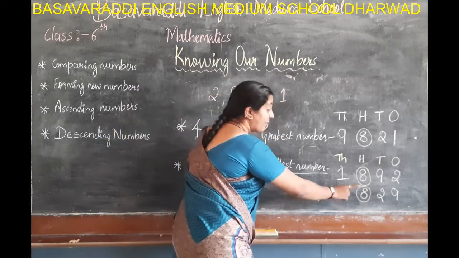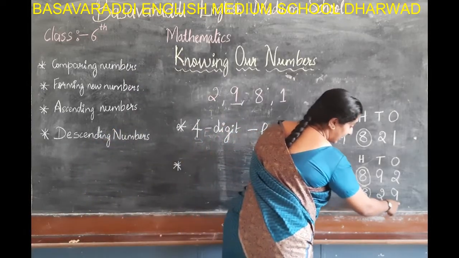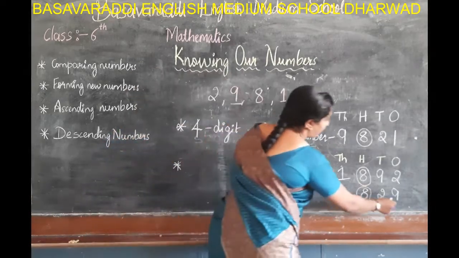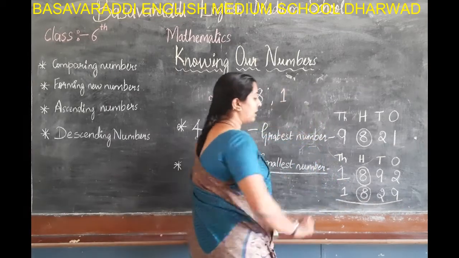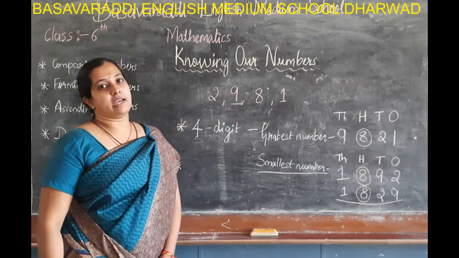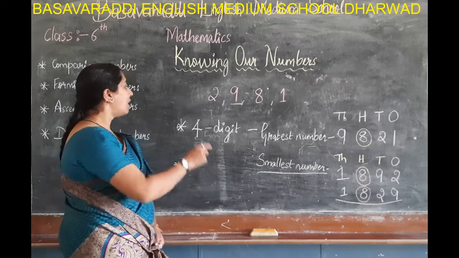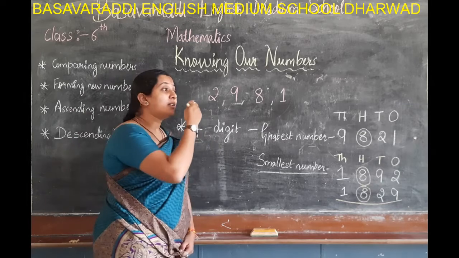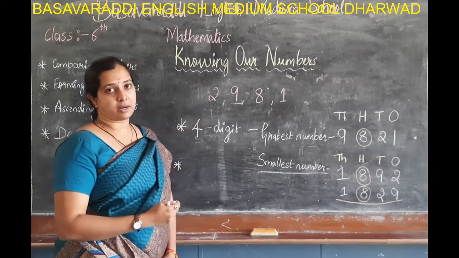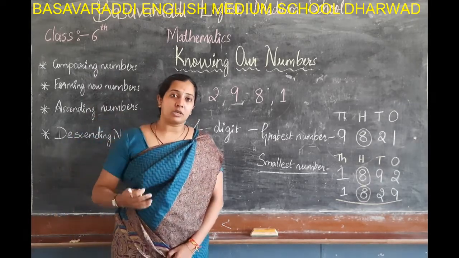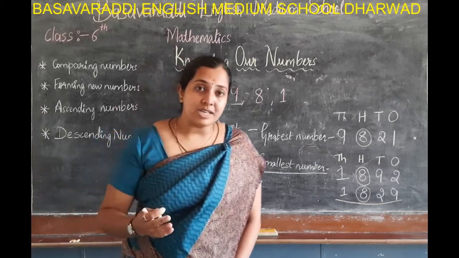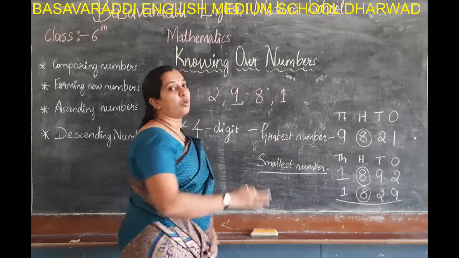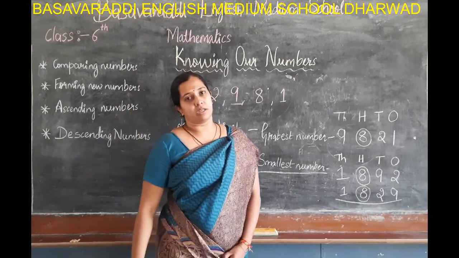But here we have 1829. So which is the smallest value there? Of course, it is 1829. I hope you have understood how new numbers are formed by following the conditions applied. According to the given conditions, you are supposed to form the greatest and the smallest number or any new number.